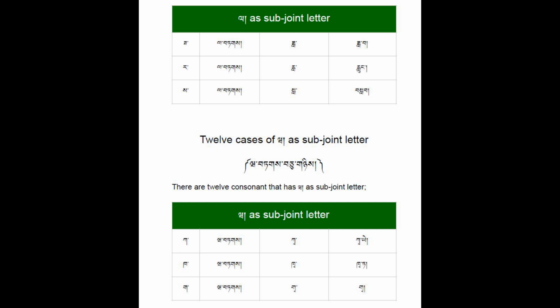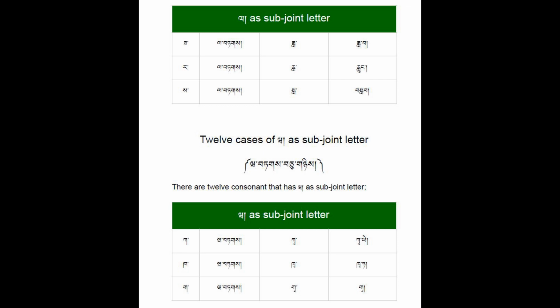Now wa as the subjoin letter. So understand that in some cases, like in the case of wa, there may not be a significant difference in the sound, but the reason why we use this particular subjoin letter is to help us with the spelling. Sometimes we have 2 things which have exactly the same sound.